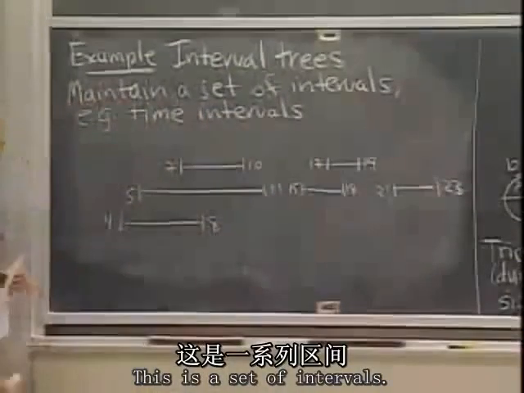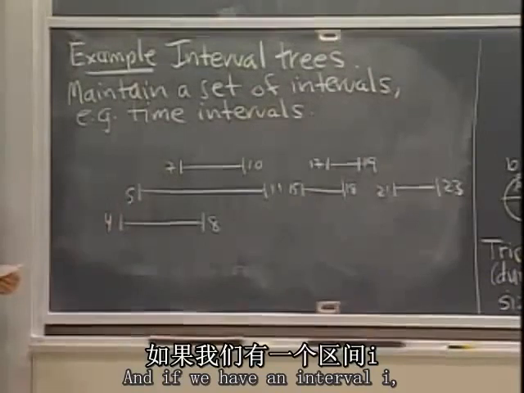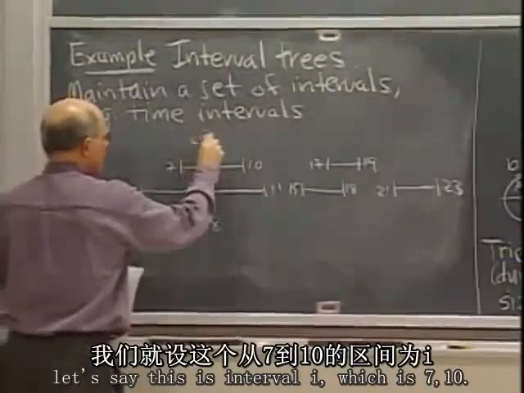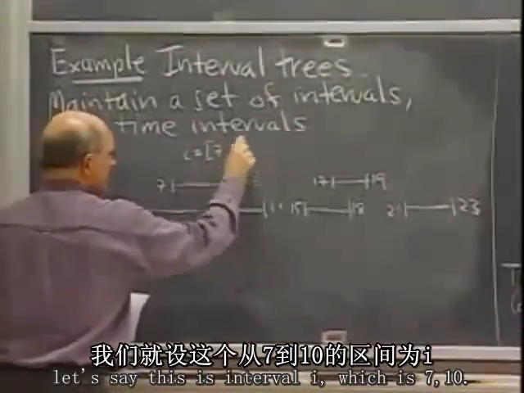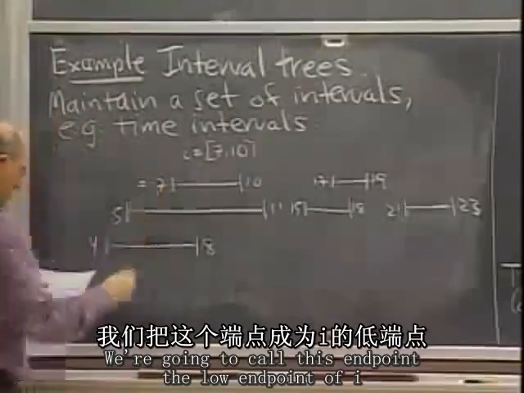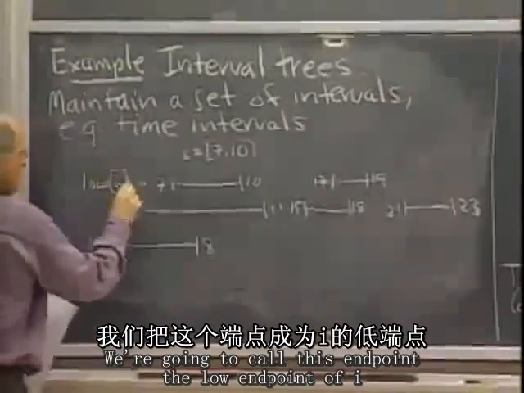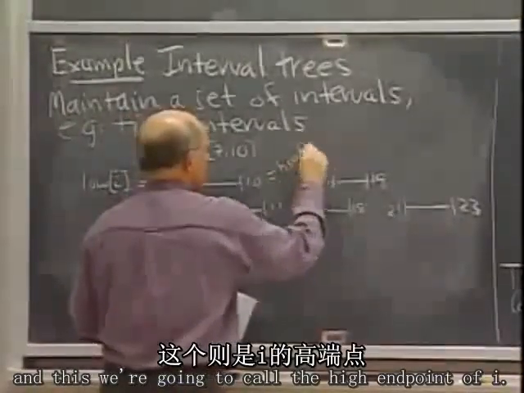So this is a set of intervals. And if we have an interval I, let's say this is interval I, which is 7, 10, then we're going to call this endpoint the low endpoint of I, and this we're going to call the high endpoint of I.